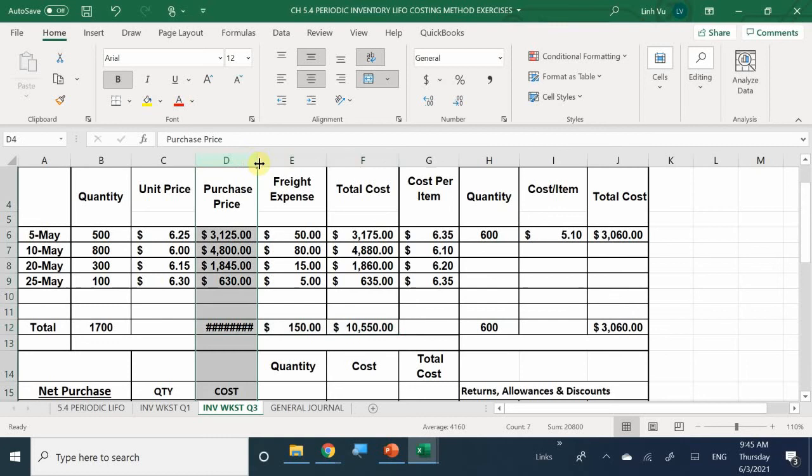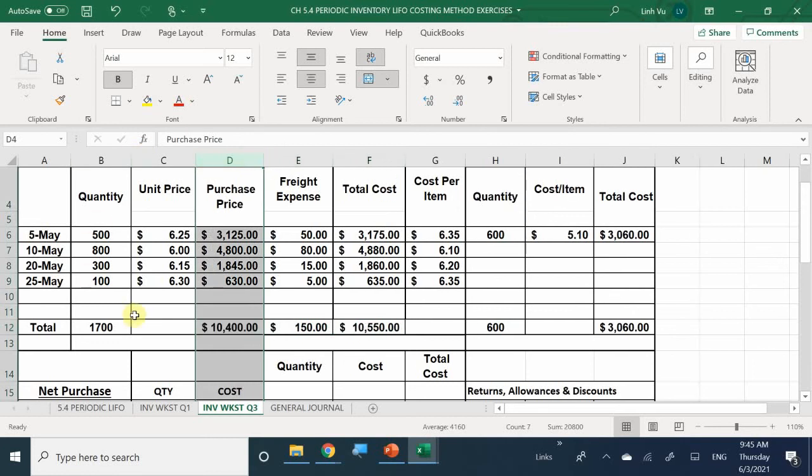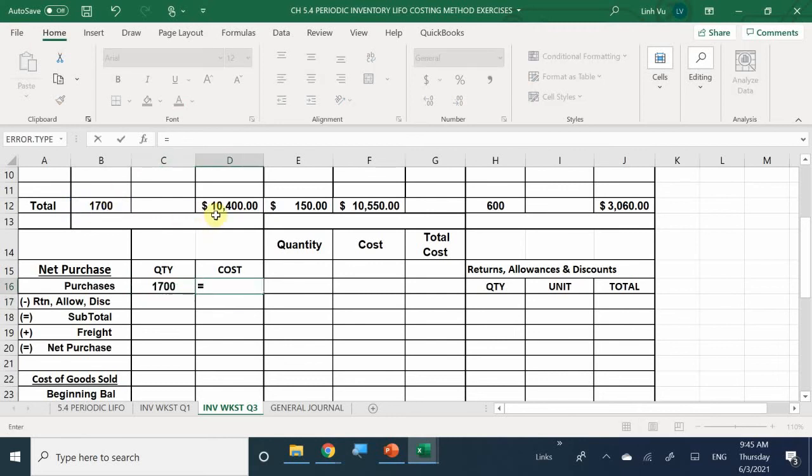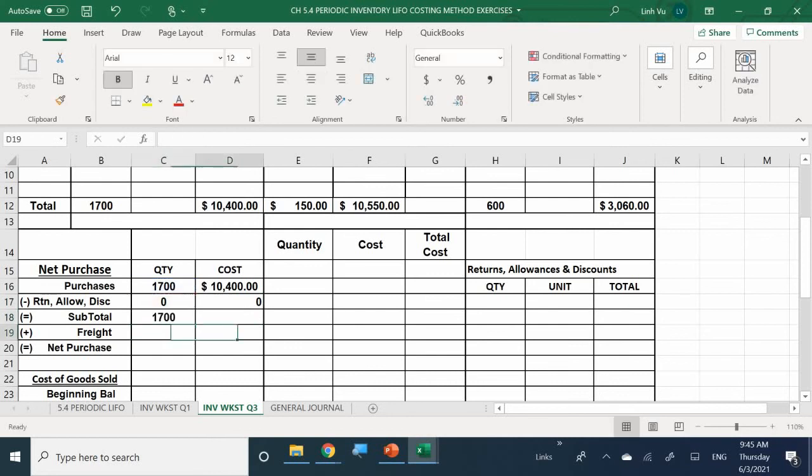All right. Let's fill in our little table down below. What was my quantity that I purchased? 1,700, at a purchase price of 10,400. In this scenario, we don't have any returns or allowances, so your subtotal should be the same.